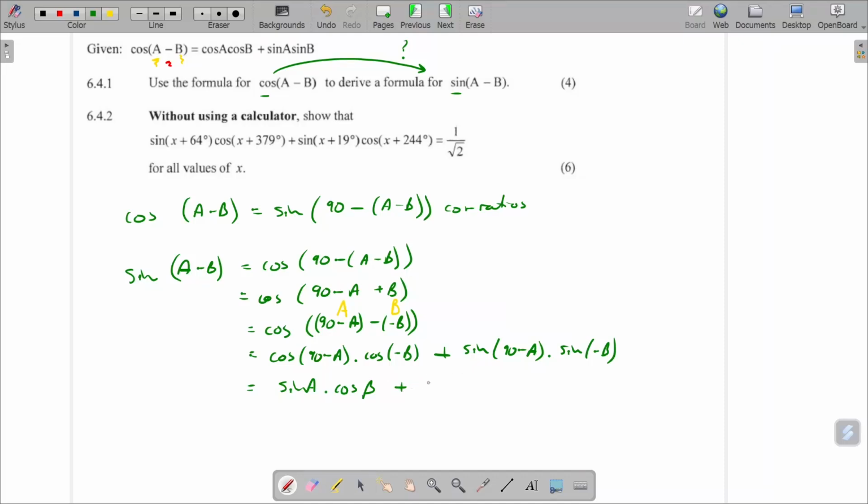We've got sine of 90 minus a, which is cos of a, and sine of minus b, which is minus sine b. All we need to do is bring that minus sign to the front of its term. So we've got sine of a cos of b minus cos of a sine of b. All I'm doing is moving that minus sign to the front of its term.